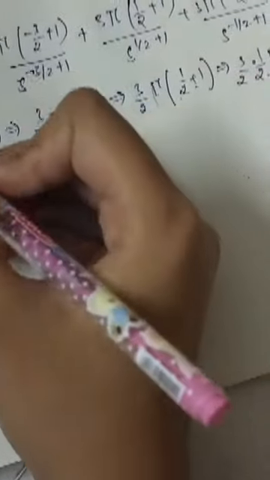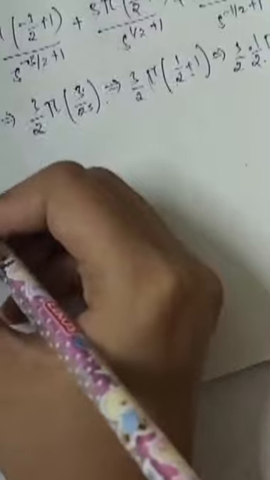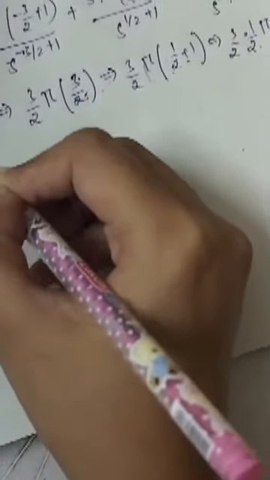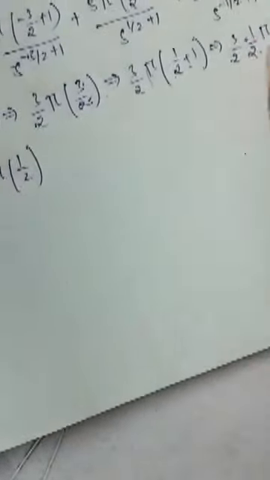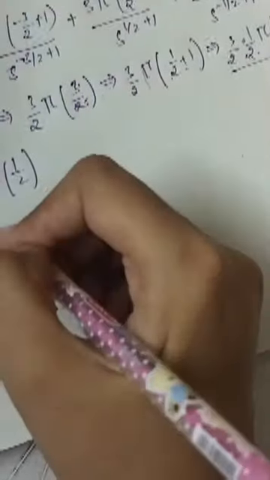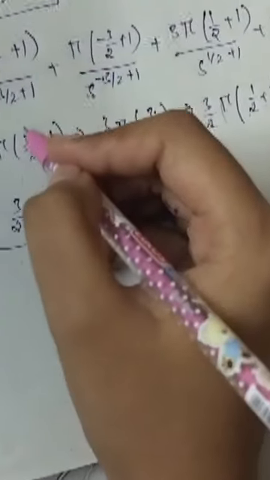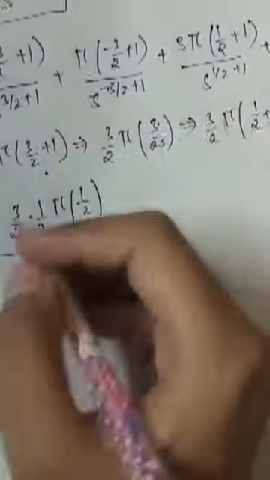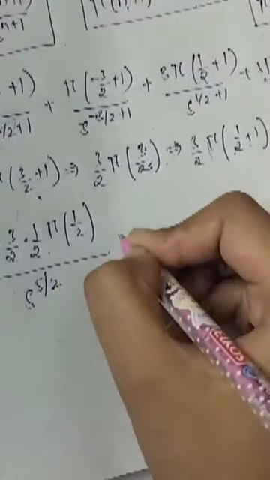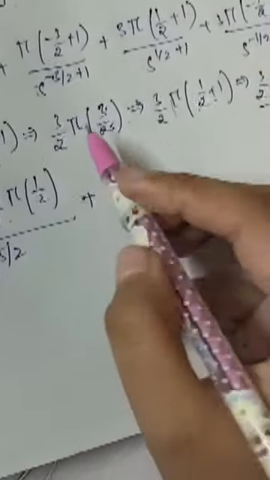Now this next step will be 3 by 2 into 1 by 2 gamma of 1 by 2. The same term I have written here. Again, this will become s power 5 by 2 plus. Now the same process will be repeated.